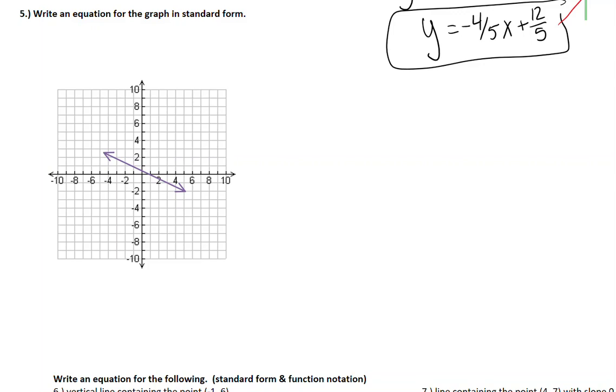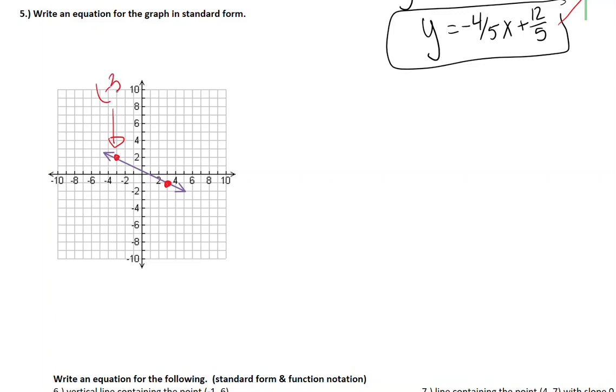With number 5, we want to write an equation of the line, but we're not really given any information besides the visualization. So what we do is we look and we pick 2 points from the graph that go right through the lines. I can't use the y-intercept because it goes right between, so that's kind of hard to make sure that that's accurate.